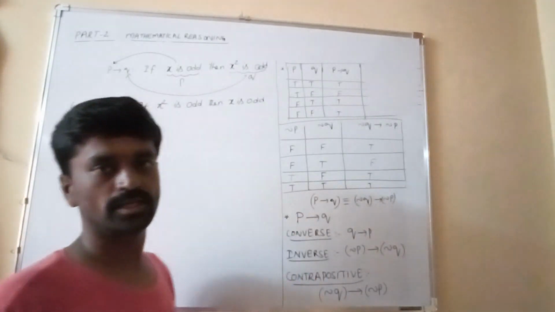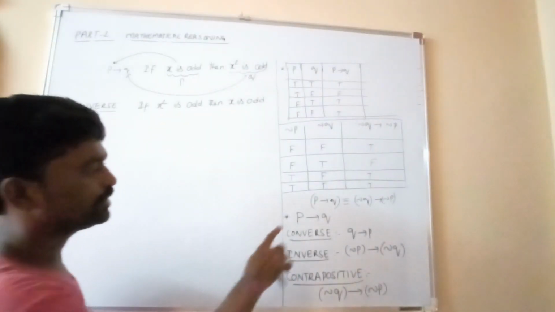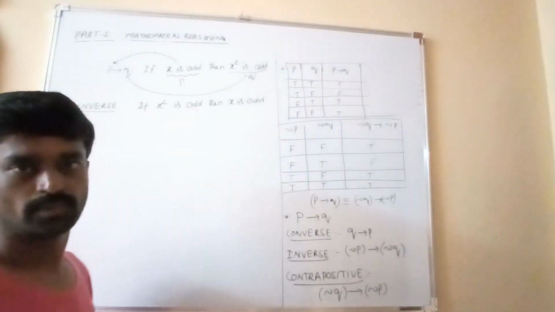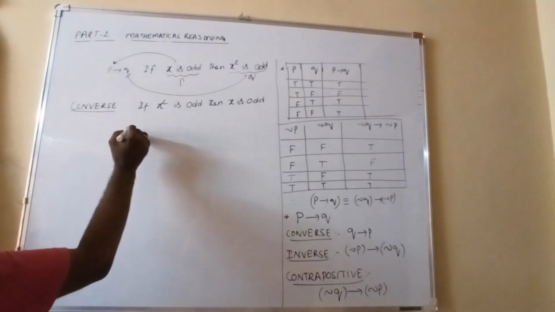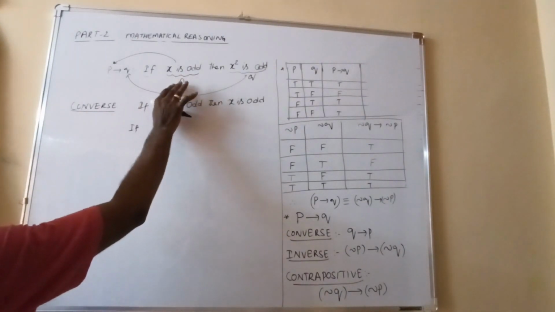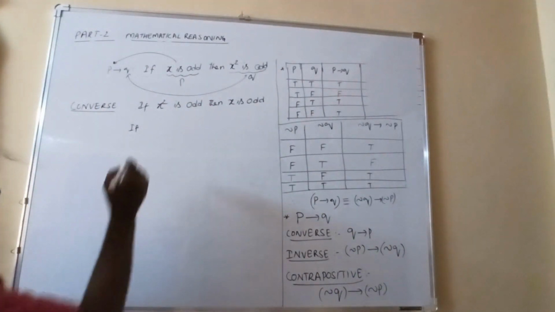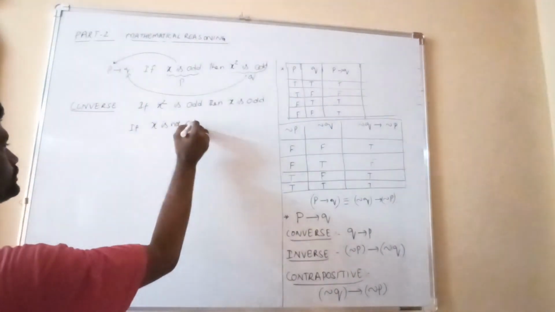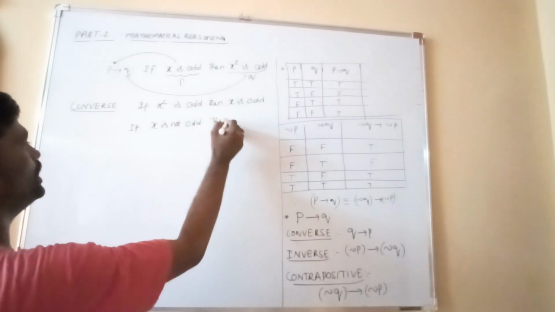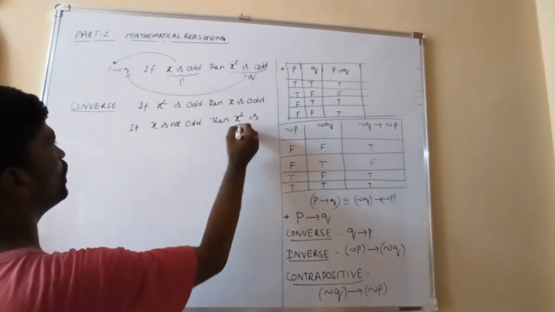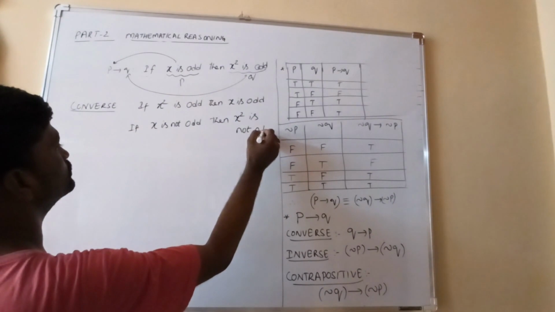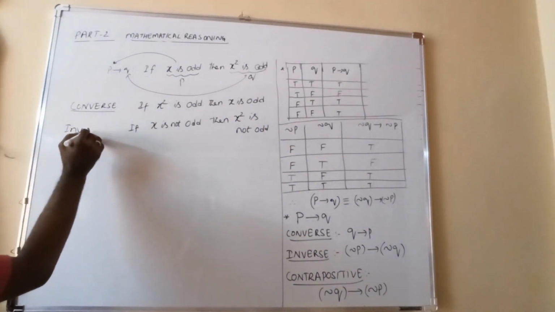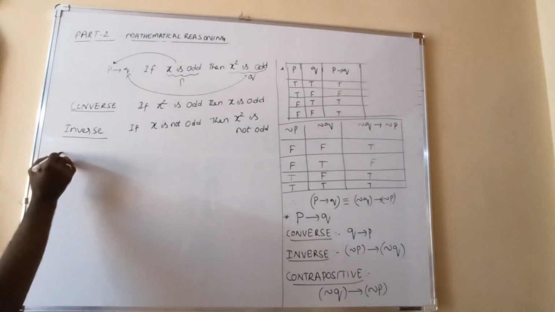Negation P implies negation Q. The components P and Q stay in the same place, but we negate those components. So if X is not odd, then X square is not odd. This is the inverse. Next, contrapositive.